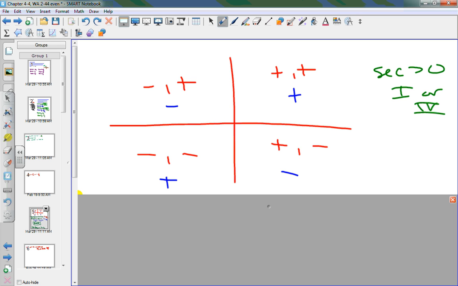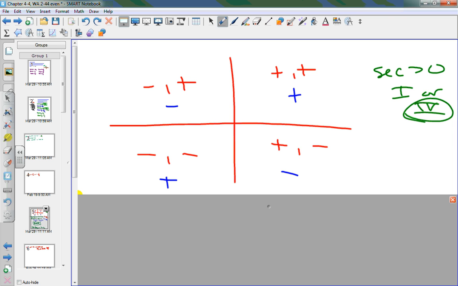And then it says cotangent is less than 0. Well, cotangent is cosine over sine, which means my signs have to be opposite for it to be negative. They're the same in quadrant 1 and opposite in quadrant 2 or 4, which means it has to be quadrant 4. Does that make sense? Can we do 16 after we're done, maybe. Okay.